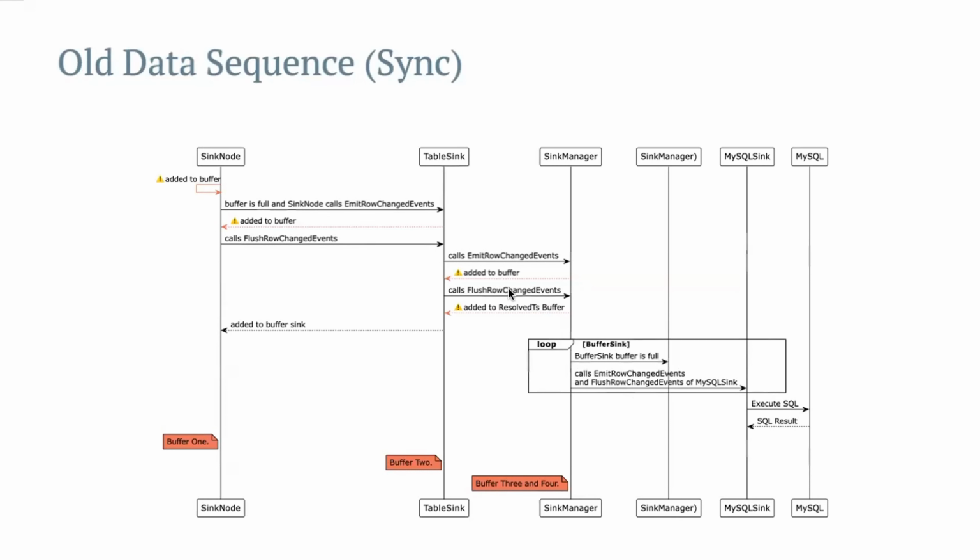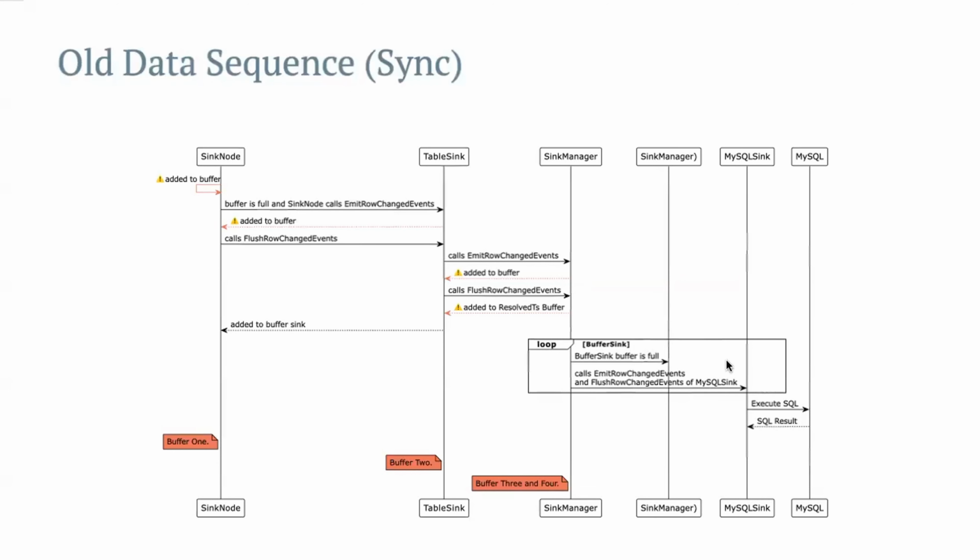One is for row events, and the other one is for resolved TS. Once the buffer for the row events is full, the sync manager will call the MySQL sync to emit the row events. Again, the same function, but from a different implementation.